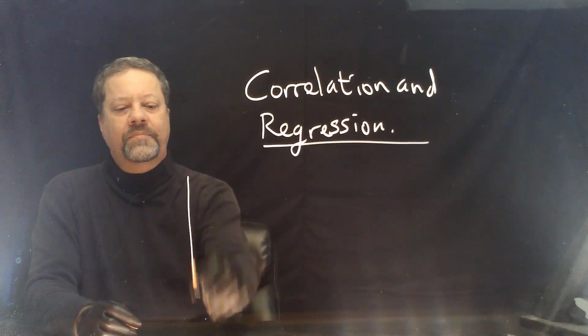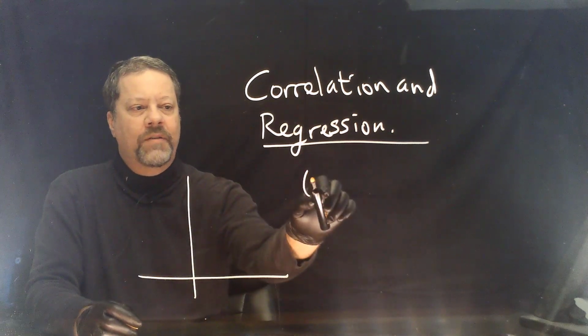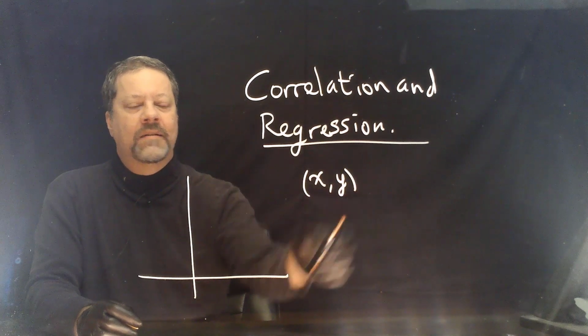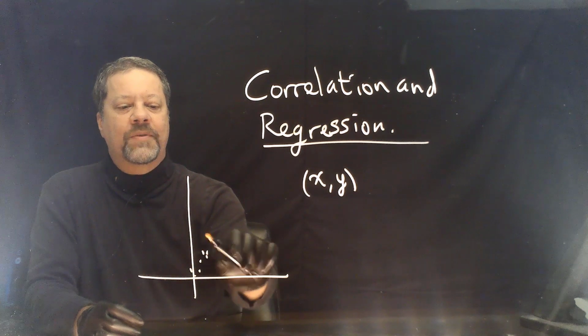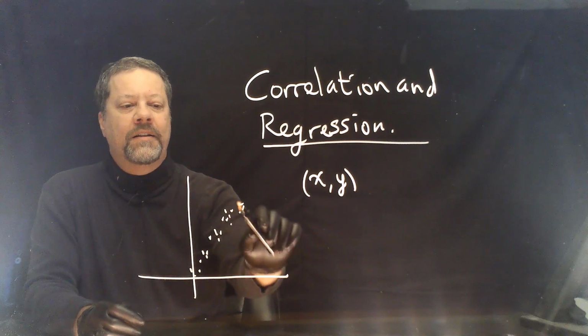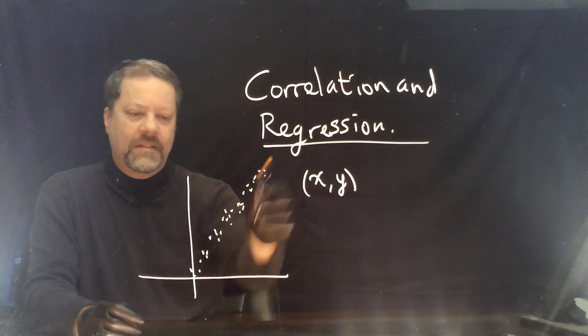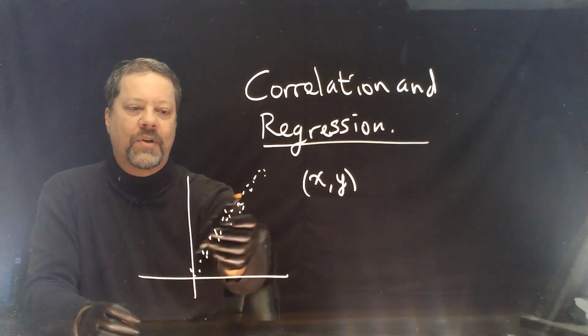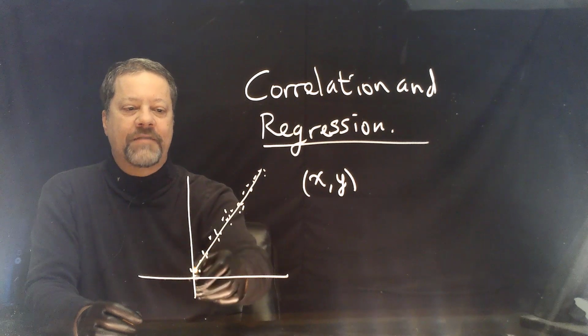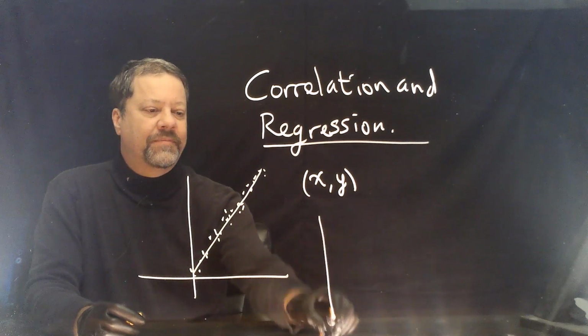Intuitively, two variables, x and y, are linearly correlated if the xy scatter plot is more or less linear. It'll be positively correlated if the slope of the line of best fit is positive.